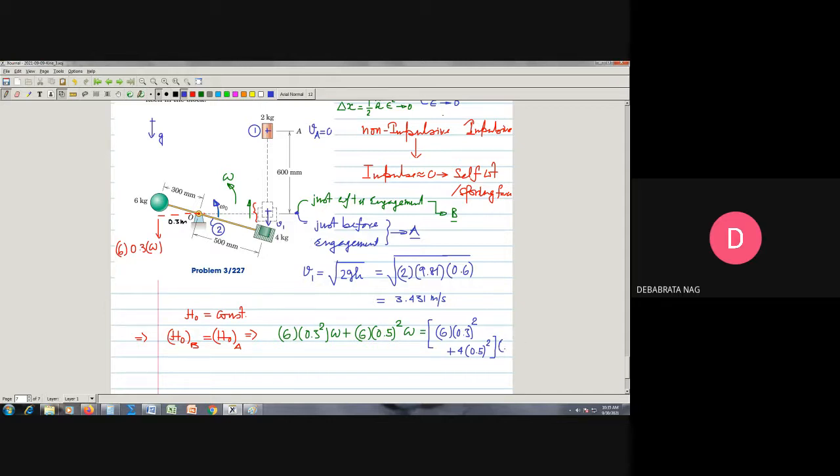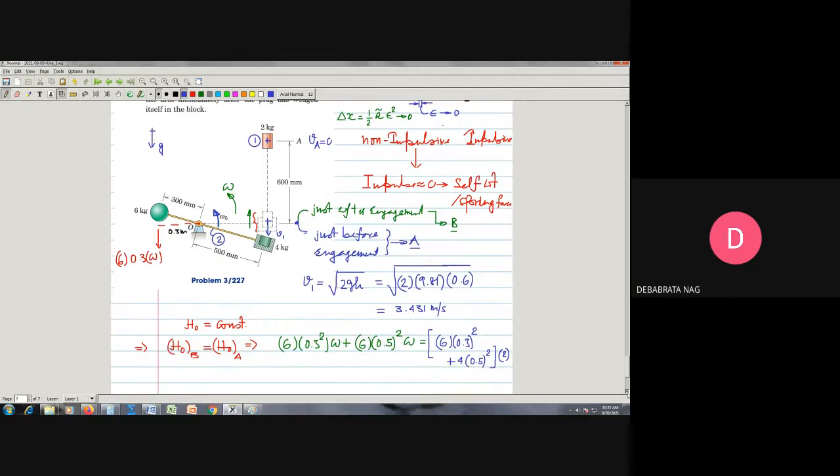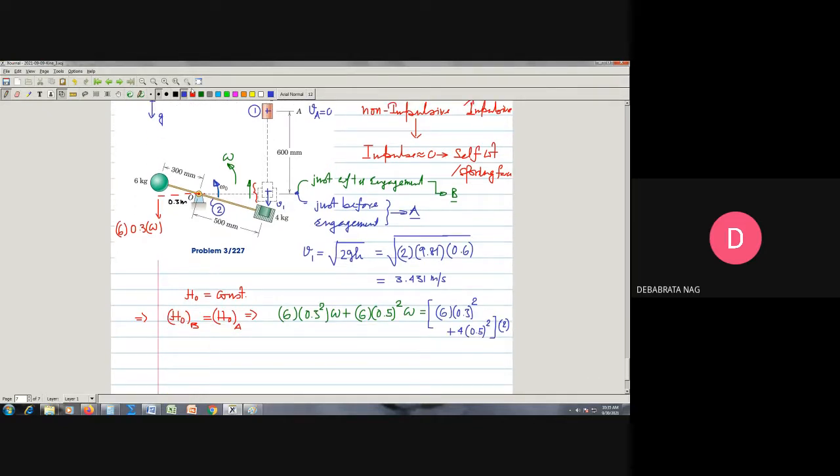Omega naught is how much? That is being given to be 2 radian per second. Please note, this is omega naught, that is 2 radian per second. So I put this as 2. So here please note that this is basically your omega naught value. And this 6 is because it is 4 plus 2.